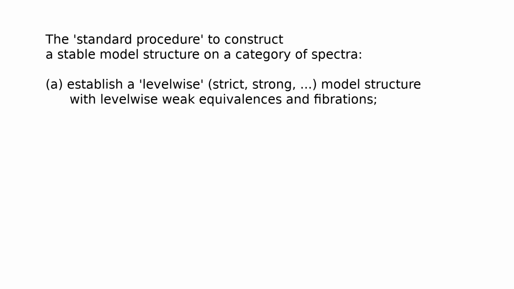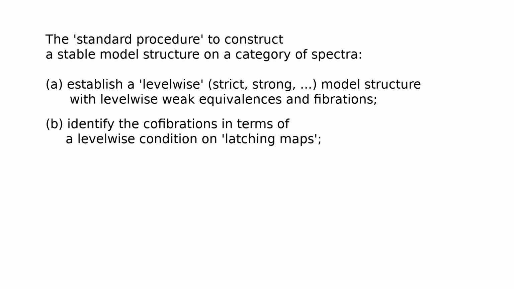In the first step, one establishes a level model structure, which is sometimes called a strict model structure, or in our context we'll call it a strong model structure. After all, spectra consist of some sequence of spaces, or there are functors on some indexing category, and you can lift a model structure on spaces or on equivariant spaces, pointwise or objectwise.